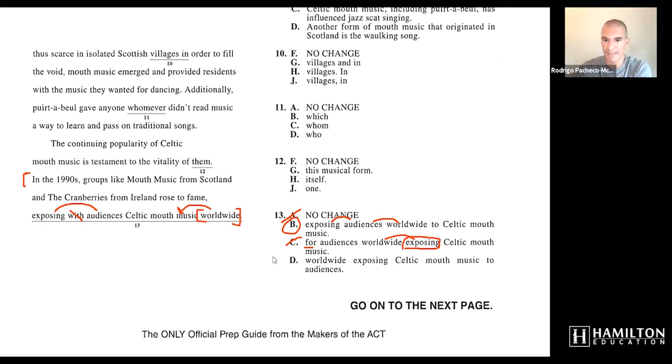So we can eliminate C. And D, worldwide exposing. Well, we can already see that worldwide is misplaced. Mouth Music to audiences. Yeah, so it's the worldwide here that is really the main issue. All right, so we can eliminate D, and that leaves B as our correct answer.